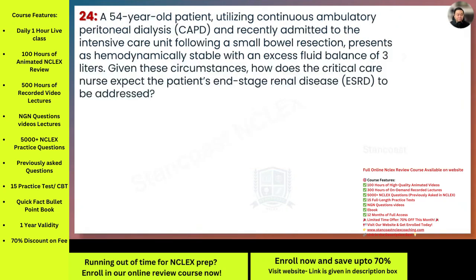24. A 54-year-old patient utilizing continuous ambulatory peritoneal dialysis and recently admitted to the intensive care unit following a small bowel resection presents as hemodynamically stable with an excess fluid balance of 3 liters. Given these circumstances, how does the critical care nurse expect the patient's end-stage renal disease to be addressed?